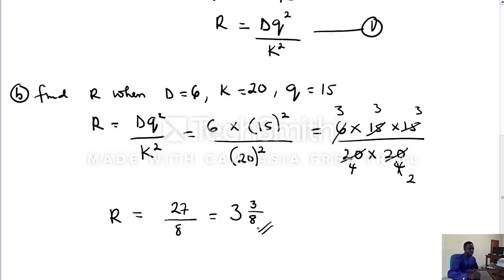So this will be our value of r when d, k, and q are given.